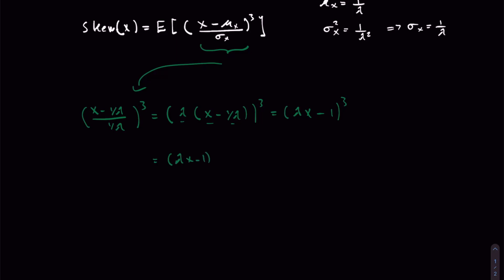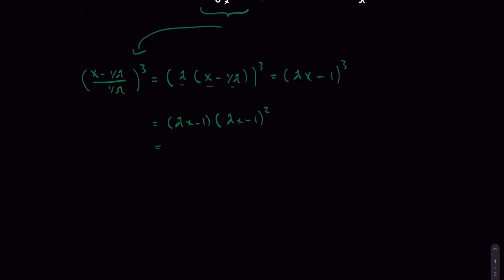Like this, just to make it a little easier without having to remember any rules. And this term will be lambda X squared minus 2 lambda X plus 1.